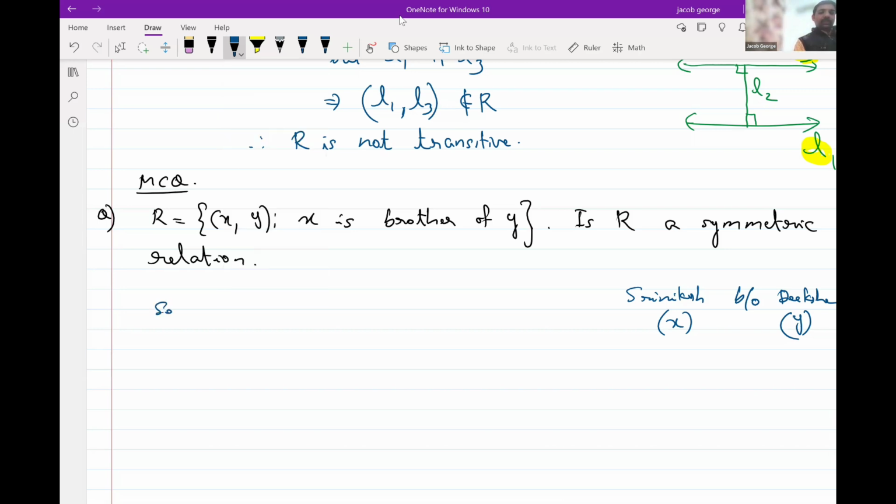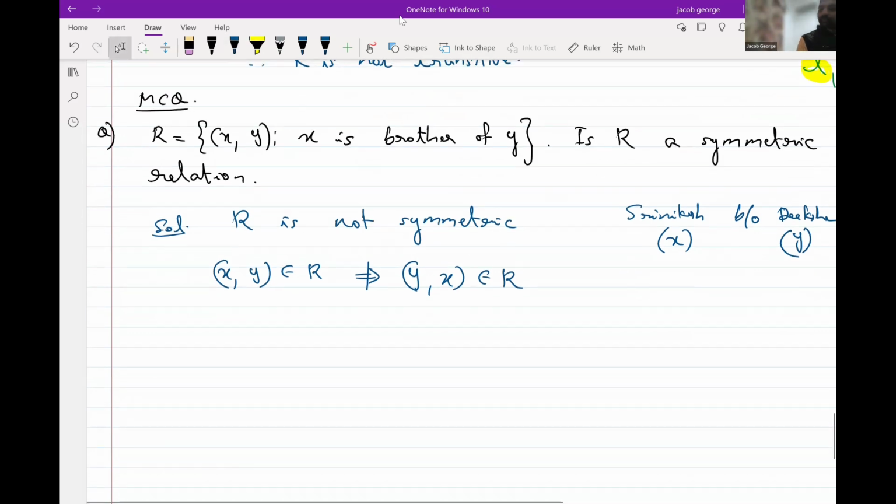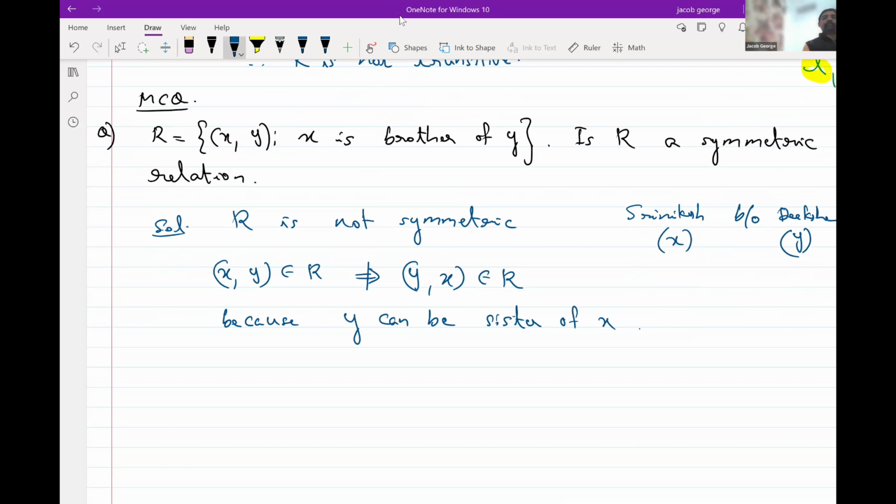Please write the answer. R is not symmetric. Reason: (X, Y) element of R does not imply that (Y, X) element of R, because Y can be sister of X. Please note down.